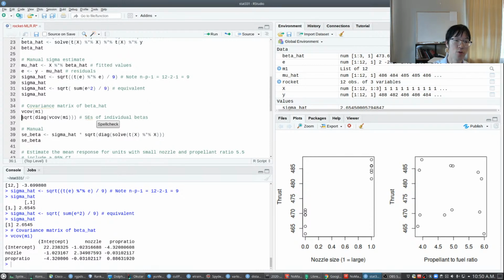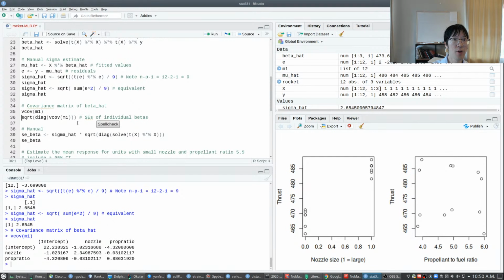So 22.2 is the estimated variance of beta 0, and then 2.34, and then 0.88. Those are the estimated variances for the corresponding betas.